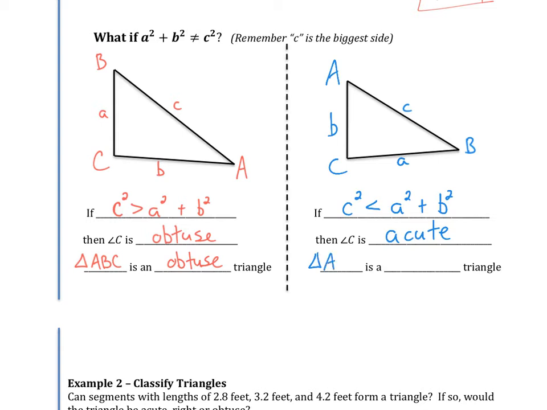And triangle ABC is an acute triangle. So it makes sense. If c squared is smaller, it's acute. If c squared is greater than a squared plus b squared, it's obtuse. And if c squared is equal to a squared plus b squared, then it is a right triangle.